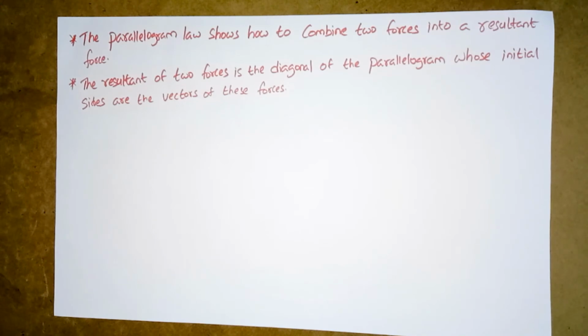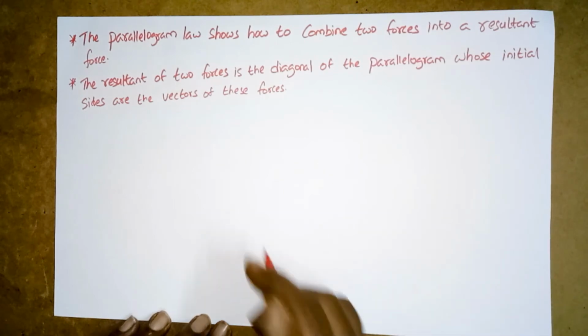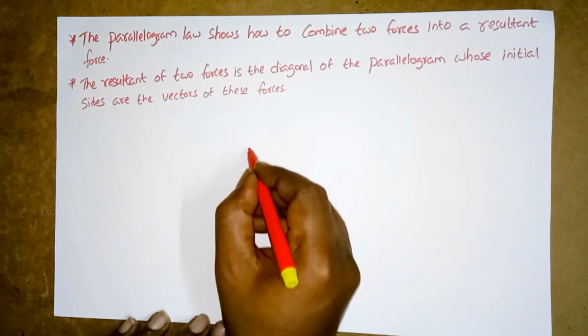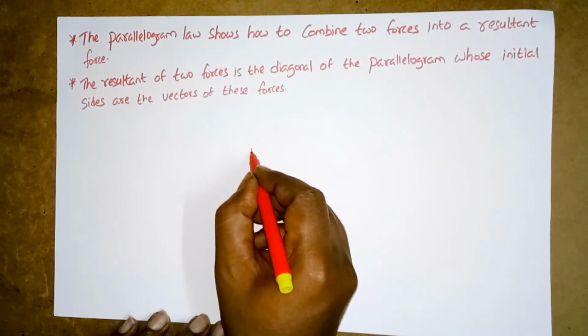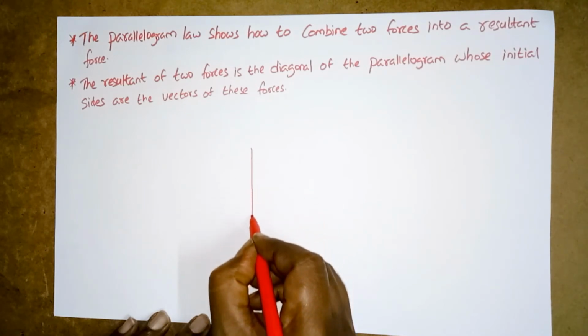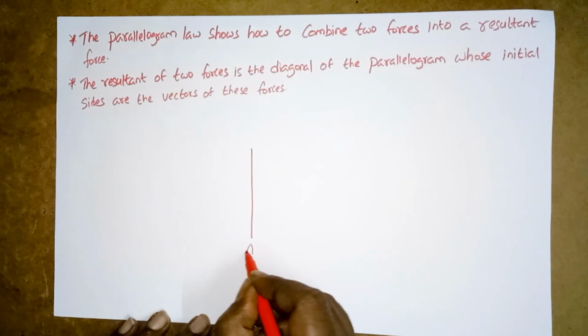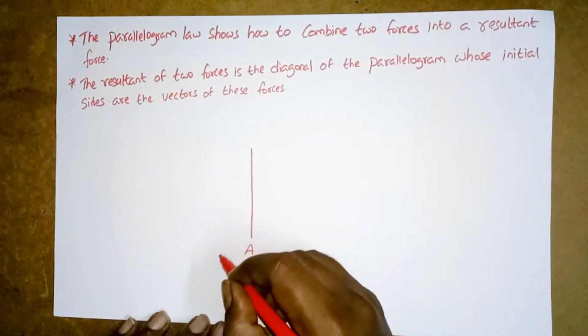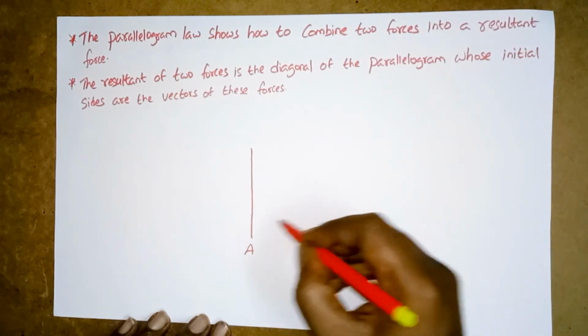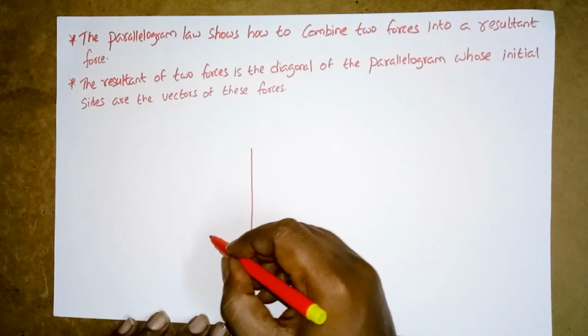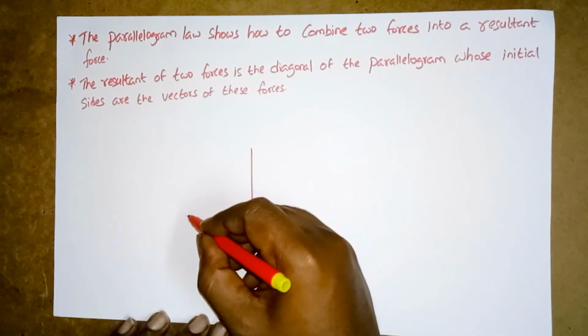Okay, now we will see how we can construct this parallelogram. So now we'll have a small diagram. We'll see the construction of this parallelogram, right? See here, we can show that first we'll start with the resultant. So we can draw like this.